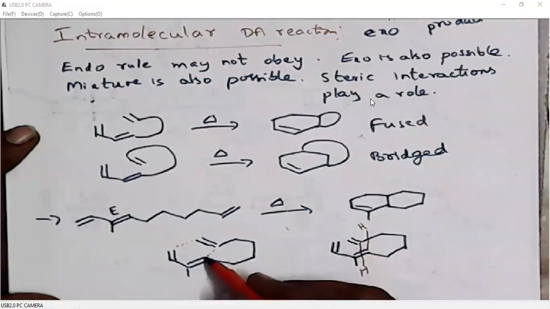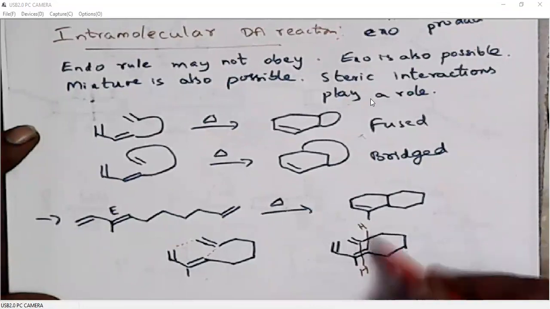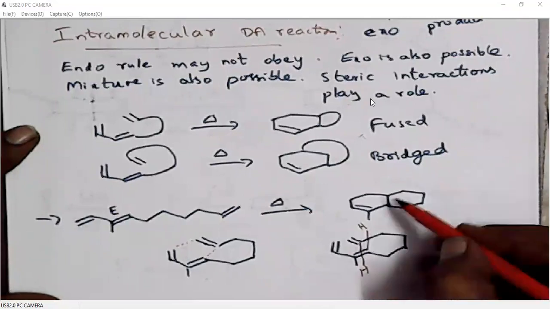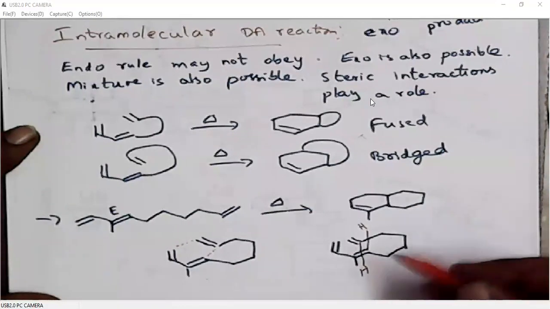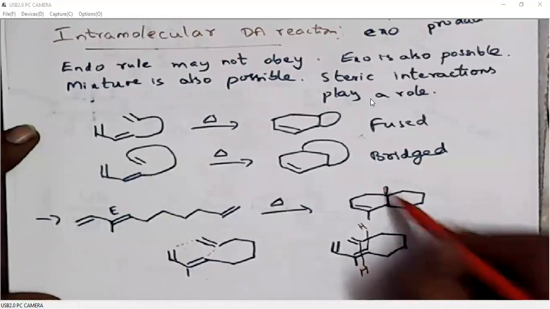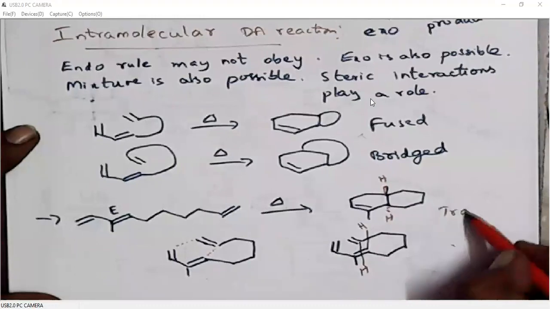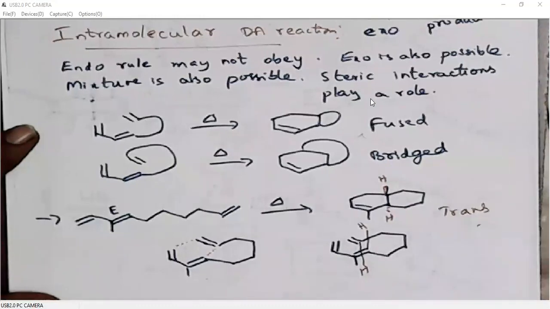The hydrogen here is pointed towards the dienophile. Now you see they are in opposite directions. So in the product, they must be on opposite faces. That means it should be trans. So here we will get a trans product.